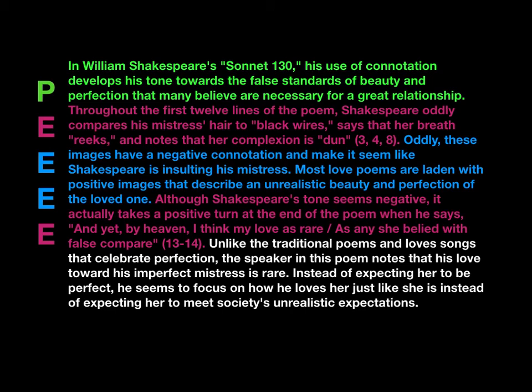So in my explanation sentences, I need to show what my example has to do with that, his tone toward the false standards of beauty and perfection. So here's what I say. Unlike the traditional poems and love songs that celebrate perfection, the speaker in this poem notes that his love toward his imperfect mistress is rare. Instead of expecting her to be perfect, he seems to focus on how he loves her, just like she is, instead of expecting her to meet society's unrealistic expectations.